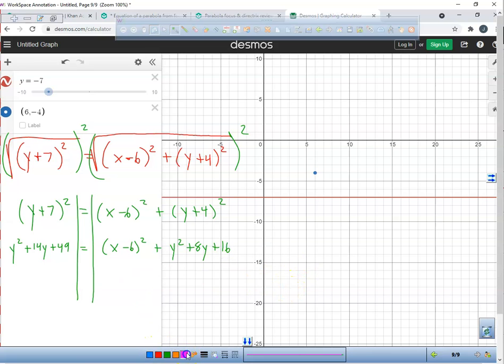So what happens to my y squareds? They cancel out. Take away an 8y, which leaves me with 6y. Take away a 49, which leaves me with negative 33.